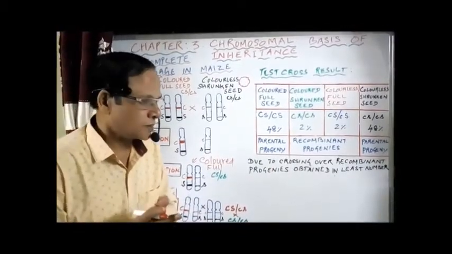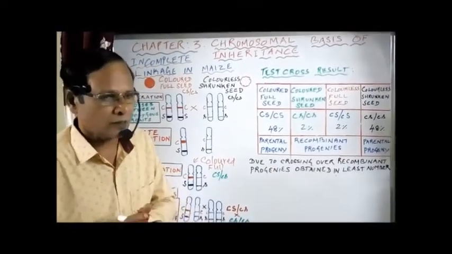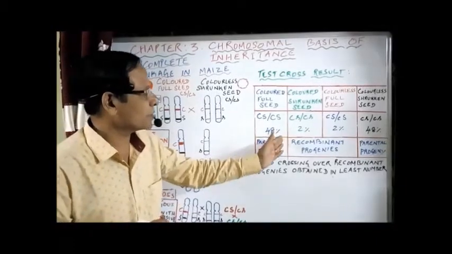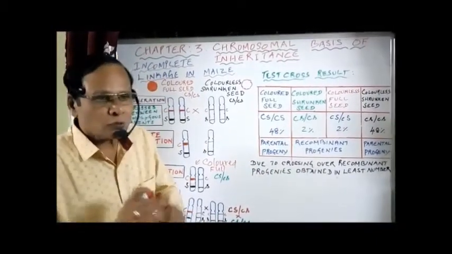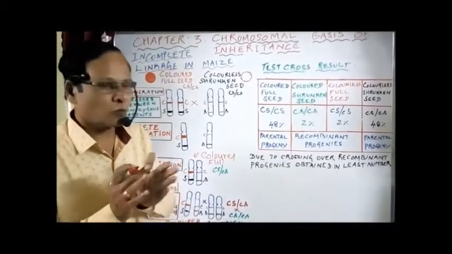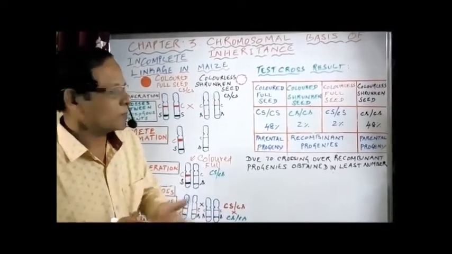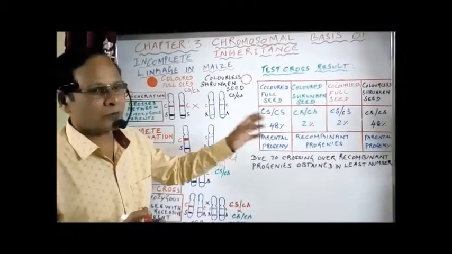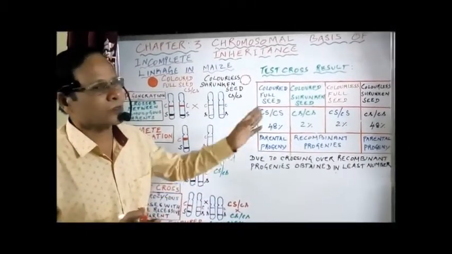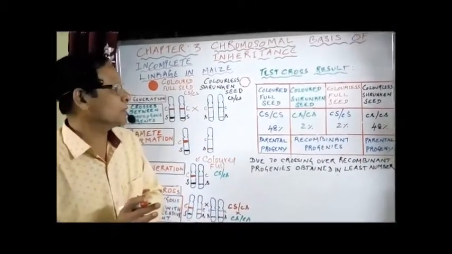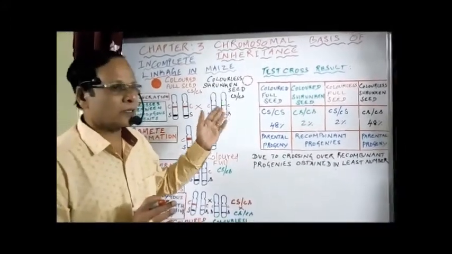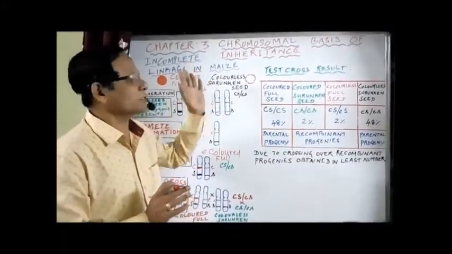Though we are getting them in least number, crossing over occurred. Only that way have we received new combinations. If there is no crossing over, definitely you can get only the two parental combinations, as seen in the case of, for example, Drosophila. But here, because of crossing over between the genes, we have received new combinations also, but in least number. So this is about incomplete linkage as seen in the case of maize.